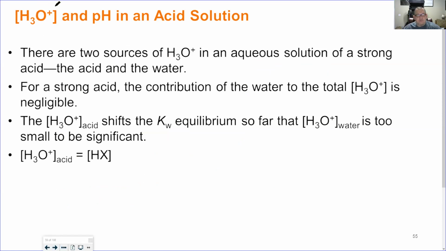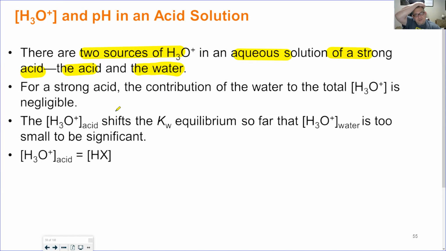All right. Now, when we think about solutions that are mixtures of water, and they may have a strong acid just dissolved in water. If it's an aqueous solution that has a strong acid dissolved in it, the two sources of the hydronium ion can be from the water molecule itself or from the acid.